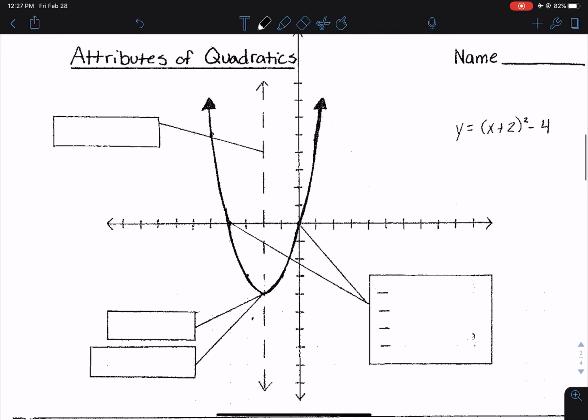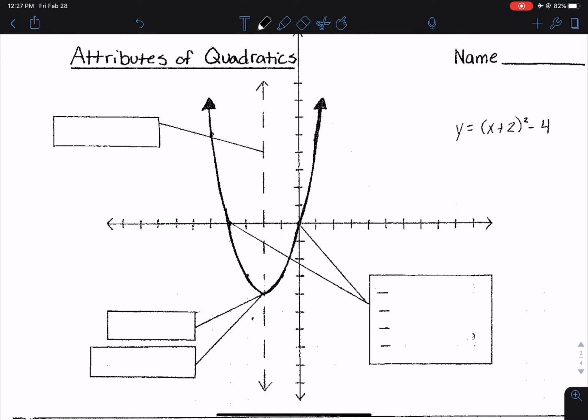So next, we're going to talk about different attributes of a quadratic. Like I mentioned in the beginning, when we did linear, we talked about x-intercept, y-intercept, and slope. Well, now we're going to keep the x and y-intercept, and we're going to add different attributes that go for a quadratic function.